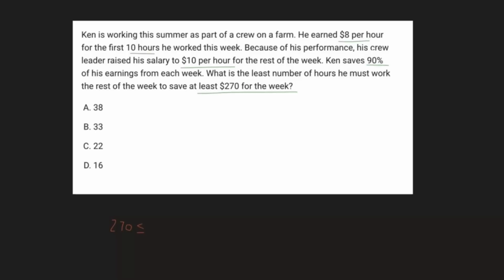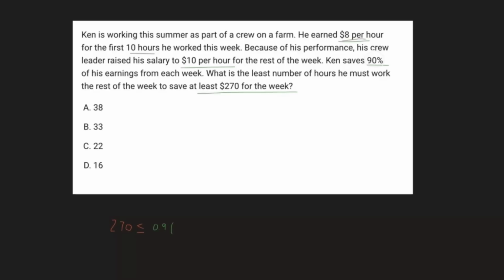So whatever we have with his $8 per hour or $10 per hour for x amount of hours, right? All that is going to be cut down by 90%. So we can write a 0.9 on the outside and then parentheses for all of our values on the inside, right? So the first thing we want to account for is his initial 10 hours that he worked. So he worked that initial 10 hours at a rate of $8 per hour, right?